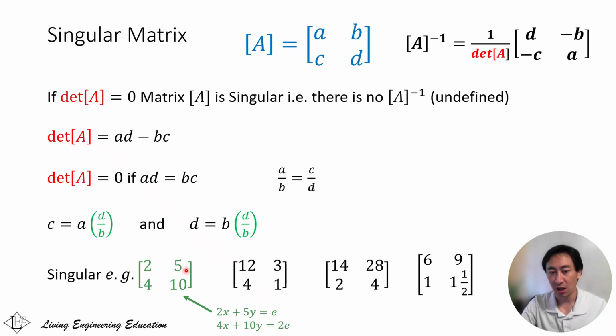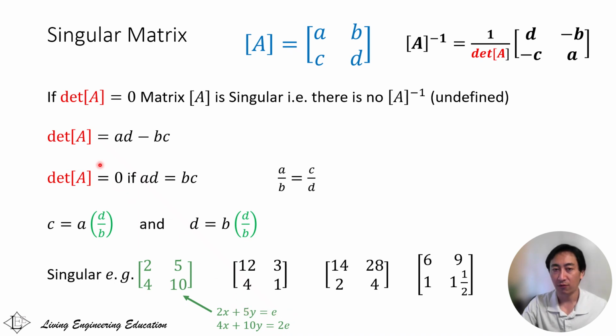And let's say this top row helps me define an equation 2x plus 5y is equal to some E. My second equation's got to be something different. But if it's just multiplied by 2, if I multiply this by 2 and I get 4x plus 10y equals 2e, this does not give me any more information, right? So I would not be able to solve for x and y from this because I basically only have one equation and I have two unknowns.